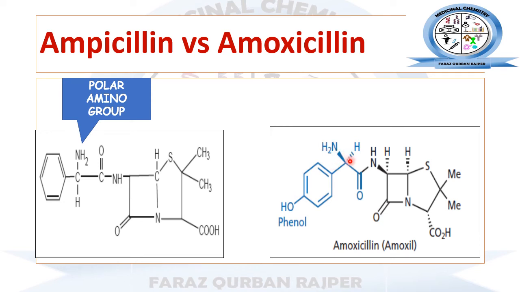So in this structure you may observe that in the acyl amino side chain it has the amino polar functional group, which is making it stable towards the gastric acid media, and which is making it an extended spectrum antibiotic. But at the same time it has the hydroxyl functional group, or what we say, it has the phenol ring present that is directly bonded with this amino. So these are the structures for the ampicillin and amoxicillin.